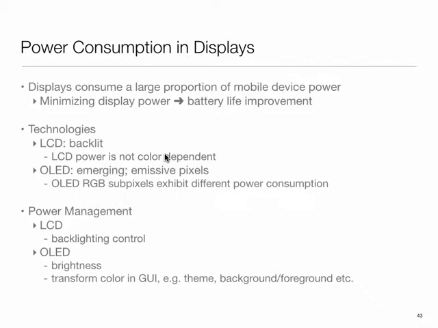The brightness. Okay, so brightness, and what else? Okay, so it's proportional to the number of pixels, right? Could you do something to this display to improve its energy efficiency?